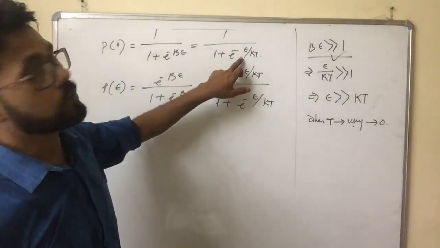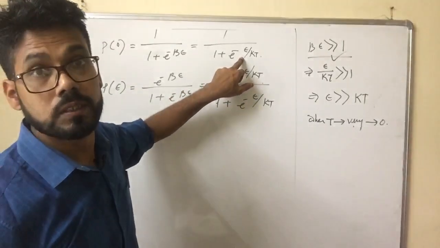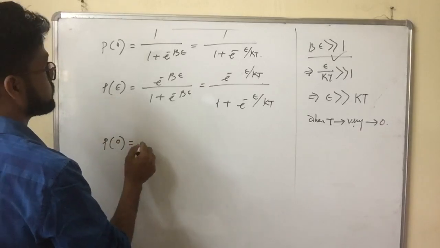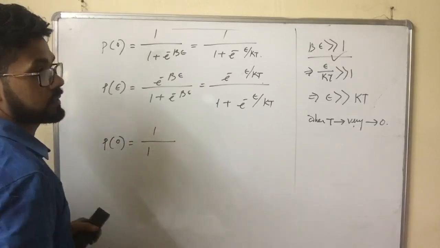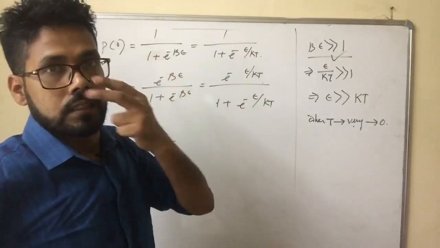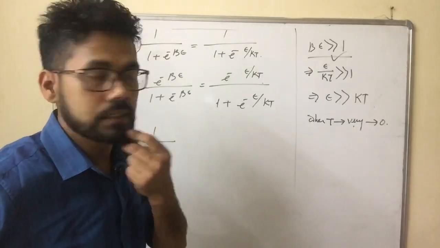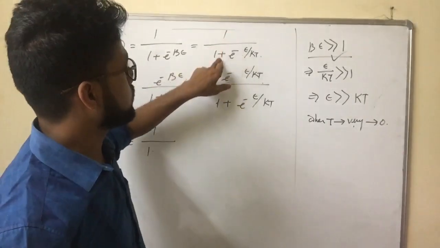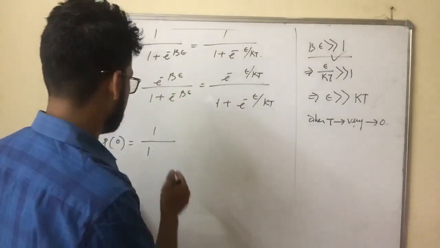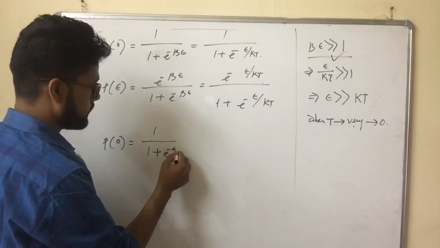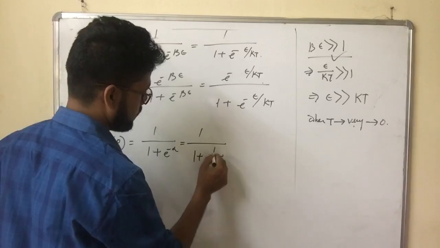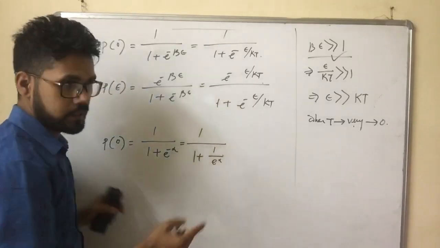Okay, when the temperature tends to 0, then if we expand this P0 state, if T tends to 0, anything divided by 0 means what? Infinity. So this is 1 plus e to the power minus infinity, which is 1 plus 1 by e to the power infinity.